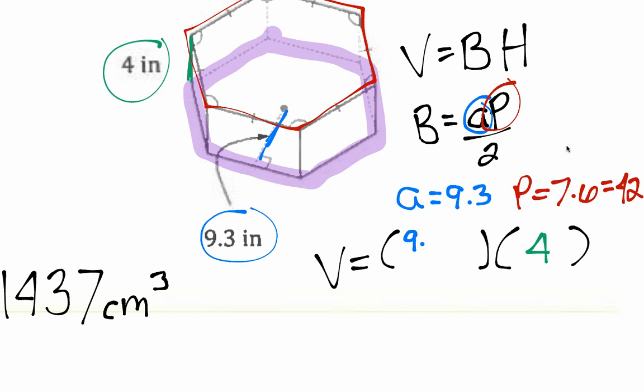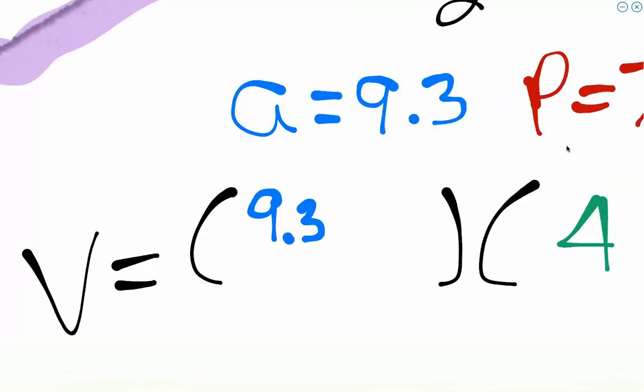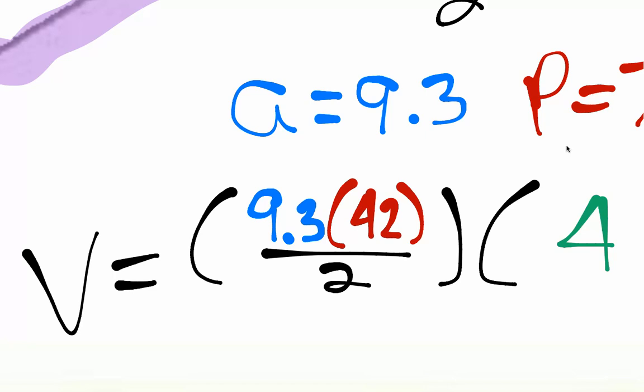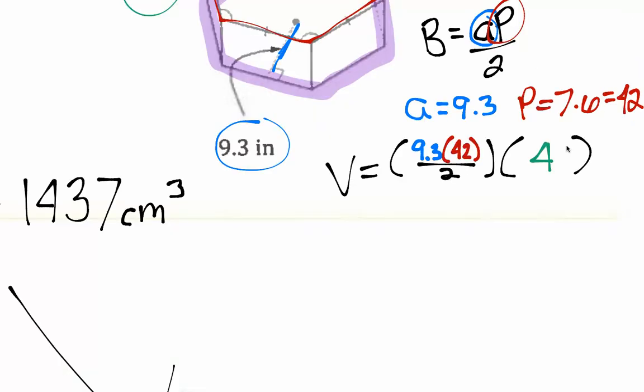And then we have A times P divided by 2. So that's going to be 9.3 times 42 divided by 2 times 4.